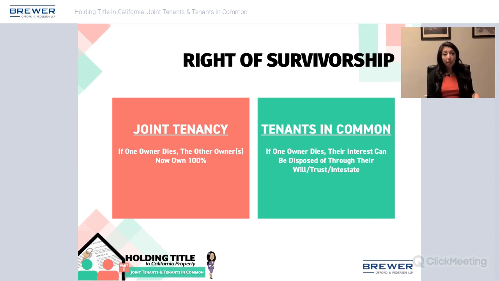She has the right to dispose of her property whichever way she feels like, because it's hers even upon her death, unlike in joint tenancy where it's not hers upon her death. So it depends on what you want.